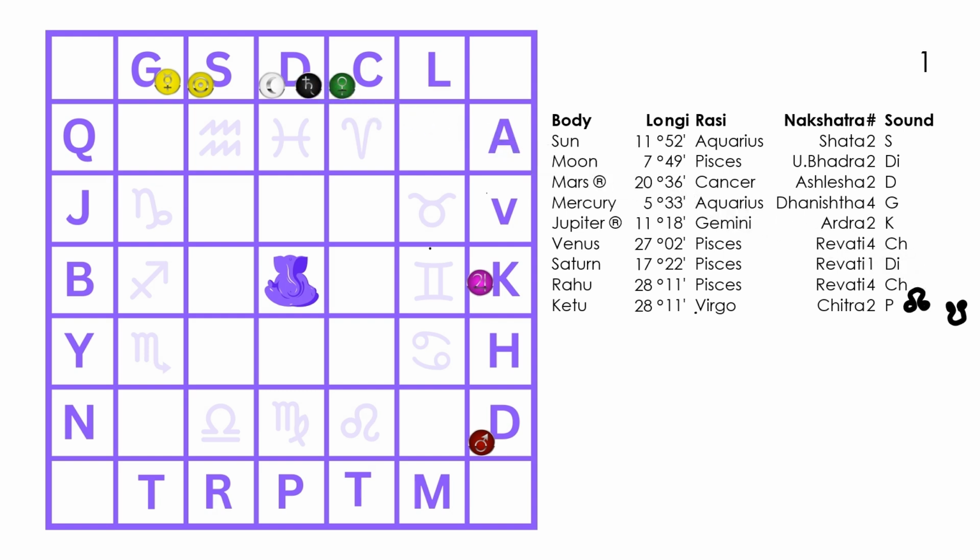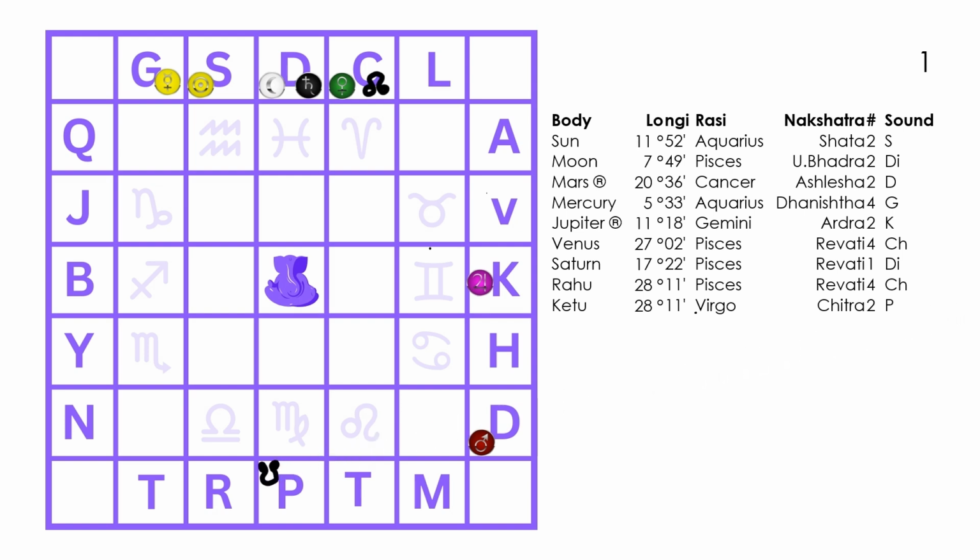And Rahu or North Node, I didn't translate it here, but Rahu is North Node, 28 degrees 11 minutes in Pisces, which is again fourth pada of Revati Nakshatra, which has Cha sound, and Rahu will be placed there. And Ketu is at 28 degrees 11 minutes in Virgo in Chitra Nakshatra, second pada, which is the Pa sound.